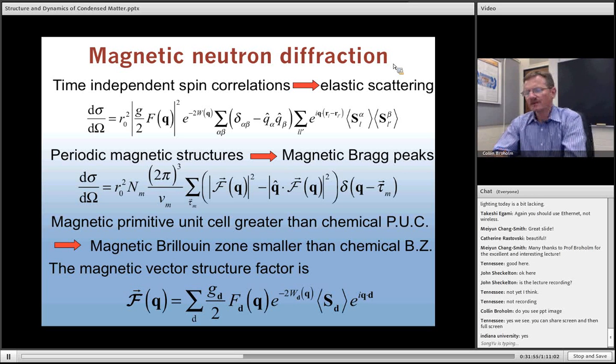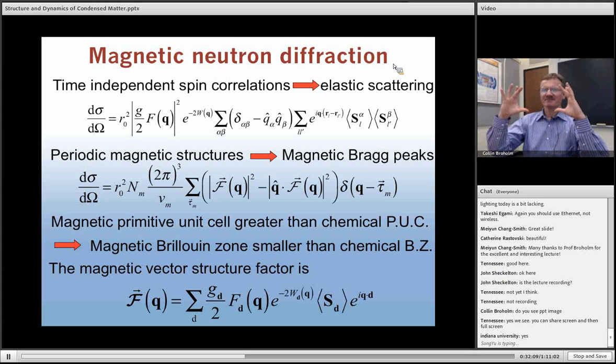But if I talk about the elastic part of the scattering, then in this two-point correlation function that I emphasized, I'm going to be thinking about the long time limit of it. Remember, I had S_L at time 0 and S_L prime at time t. Well, I'm going to think about that thermal average in the limit where time goes to infinity.